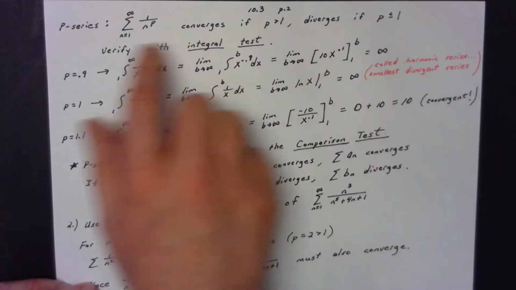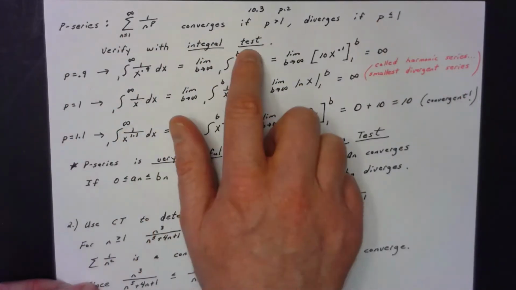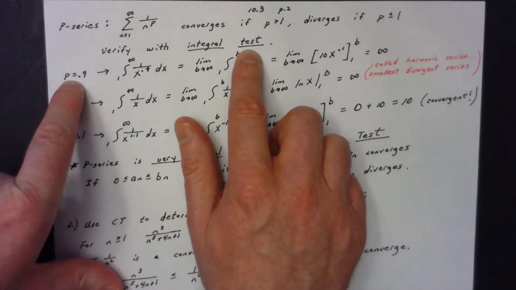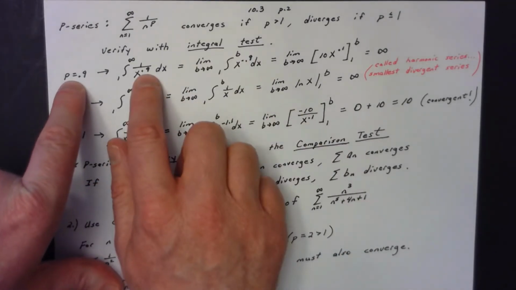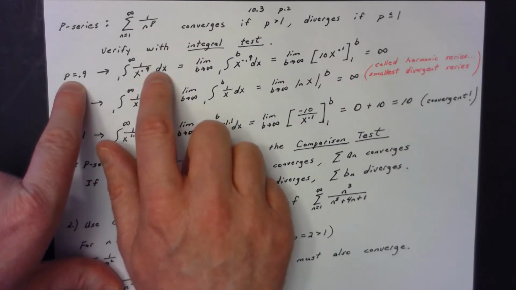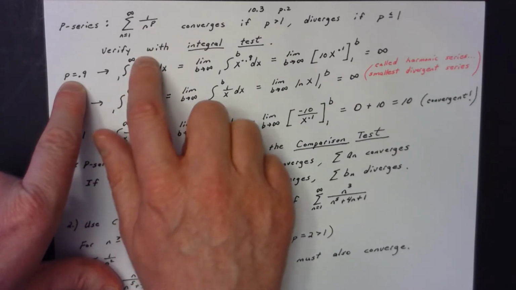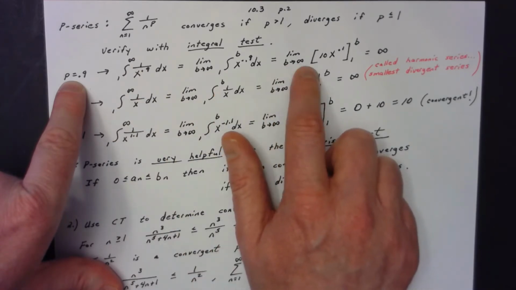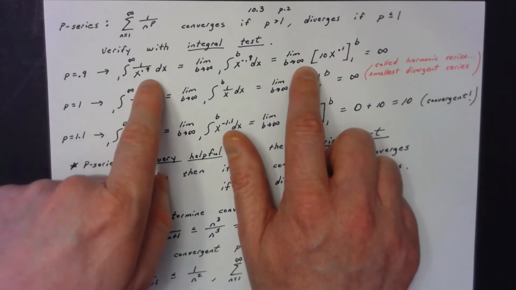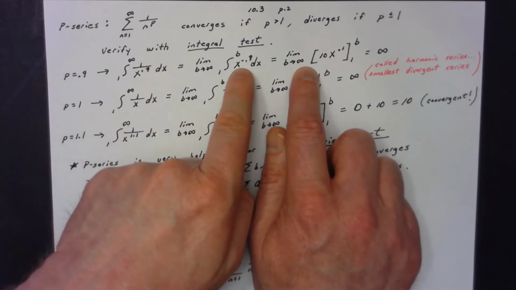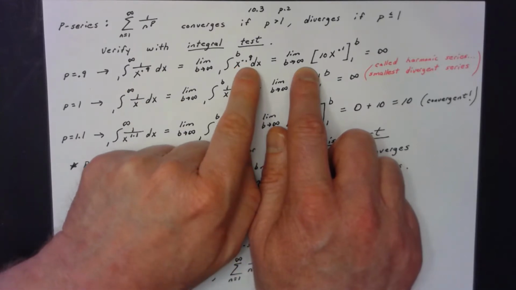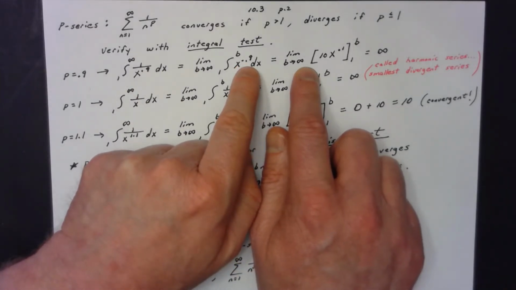Now, I want to verify this p-series analysis with the integral test. Well, if I plug in a 0.9 into the corresponding integral here, instead of 1 over n to the 0.9, I'd have 1 over x to the 0.9. I'm evaluating that from 1 to infinity. So this becomes the limit as b approaches infinity. If that x to the 0.9 is in the denominator, we know it's really the same thing as x to the negative 0.9.